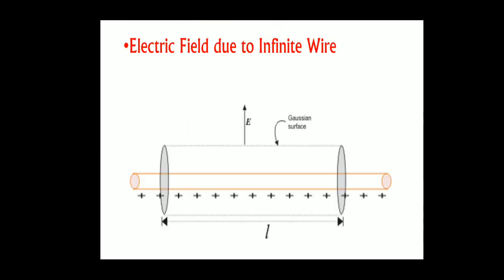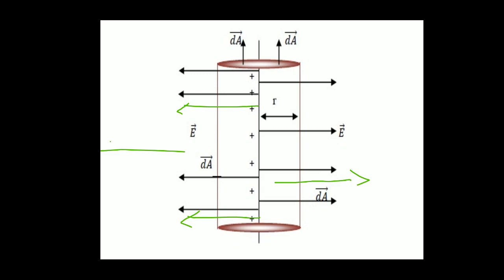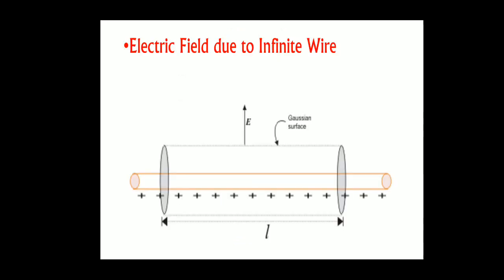Now, is it necessary that I take the cylinder and the wire like this? Not necessary. The straight, infinitely long wire can be horizontal. Then for that you draw a symmetrical surface, the Gaussian surface.